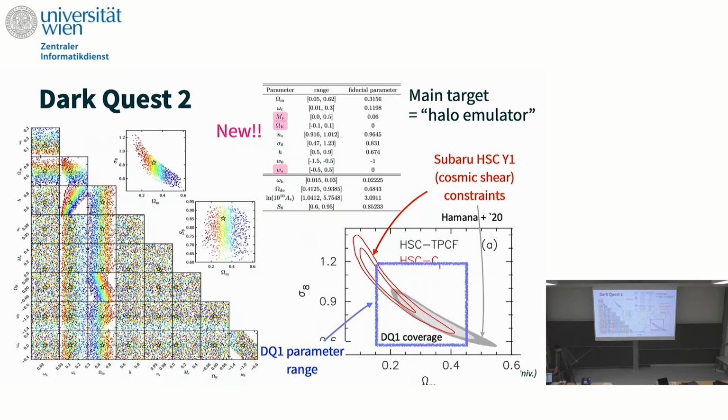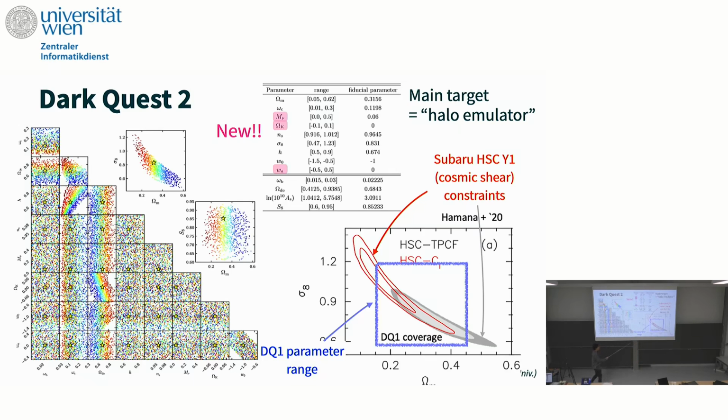Now we are conducting a project called DAC Quest 2, after the success of DAC Quest 1 for Subaru HSC, which was used in the 2x2 point analysis: weak lensing, galaxy lensing and galaxy auto-correlation function. We would like to extend it, and one thing we are seeking is to extend the parameter range in a more efficient manner.